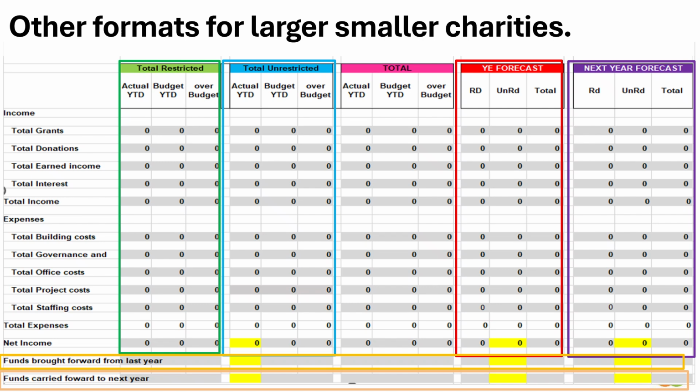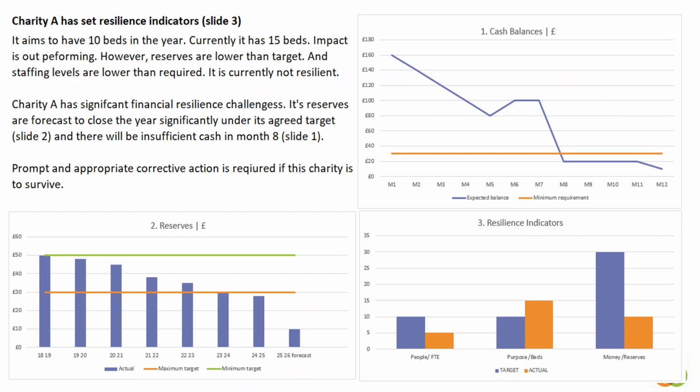And then if we've got our opening balances and our closing balances, we can see our unrestricted funds or reserves now, if they're all in cash, our reserves at year end and our reserves next year. And that's really helpful. That gives us a shape of things to come. And we might have a one-pager that shows us our key risks, some composite resilience indicators in the bottom right that cover our people, our purpose, and our money, and a little bit of a narrative.